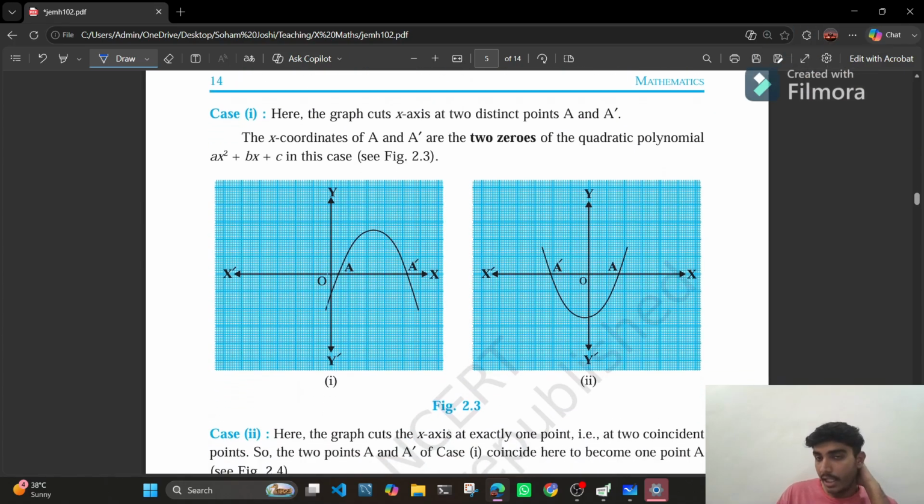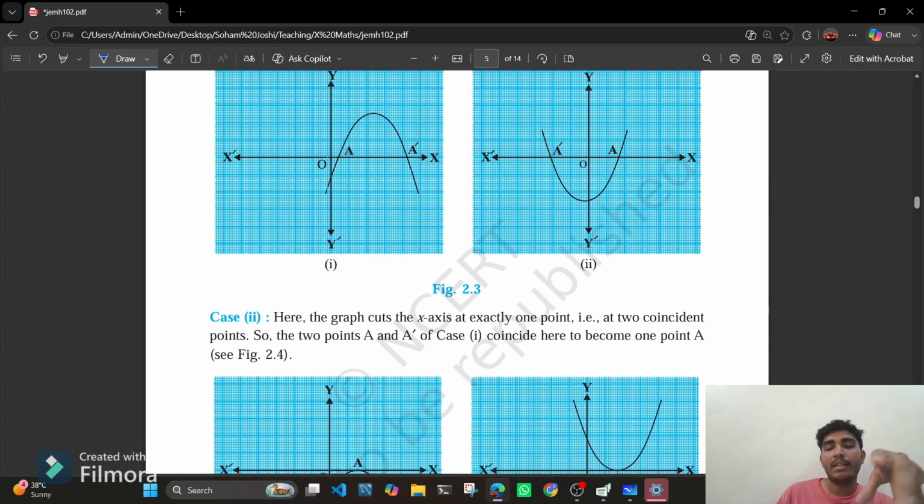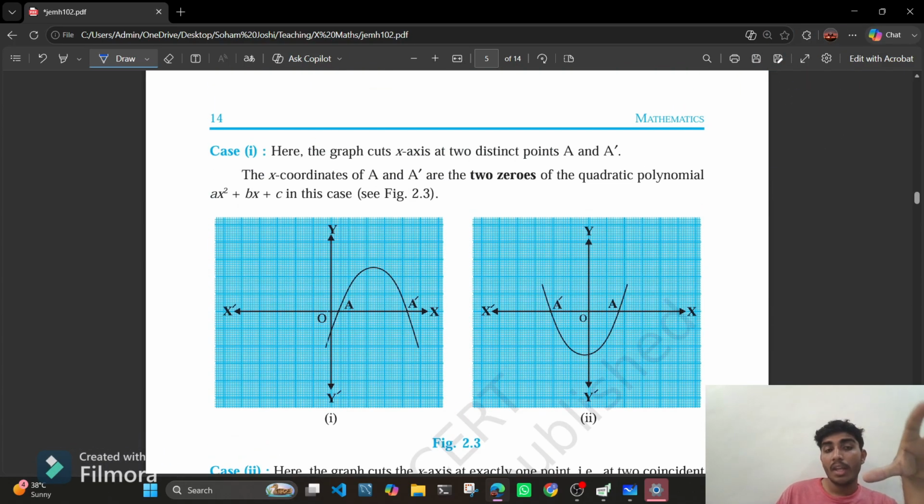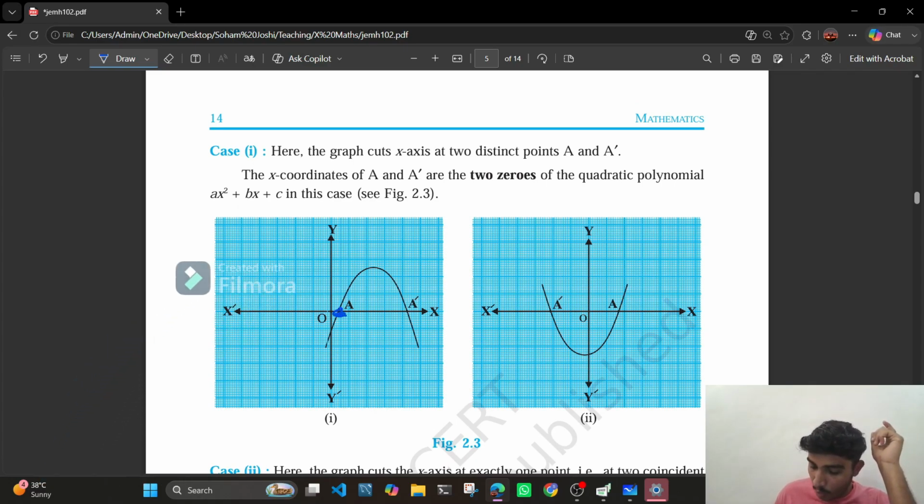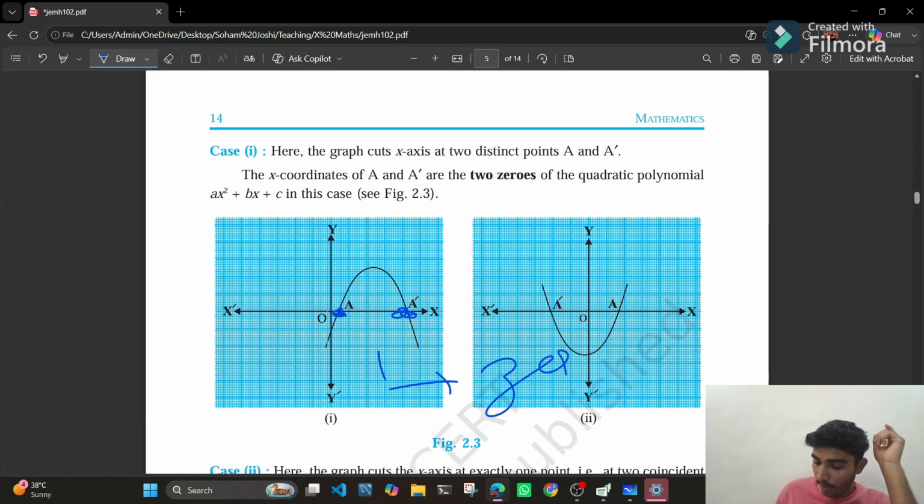ठीक है, बेसिकली we have three types of zeros, मतलब we get three types of zeros, ठीक है? When we have this parabola, when the x-axis is cut at two distinct points, we get two distinct numbers that are the zeros of polynomial.